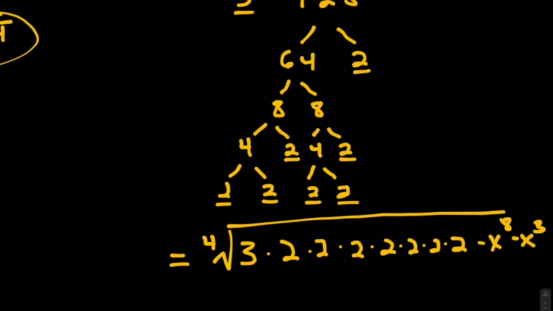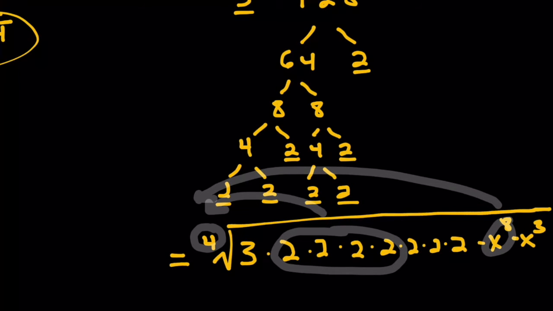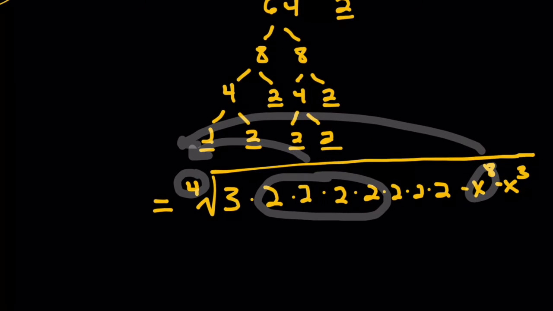There we go. Well, notice we have one group of 4. We have 4 2's right there. So we're going to put a representative out there. X to the 8th can be broken down nicely since 8 is divisible by 4, so we'll put that outside as well. We will put one representative from the 2's, cross those out, and then 8 divided by 4, that's 2.